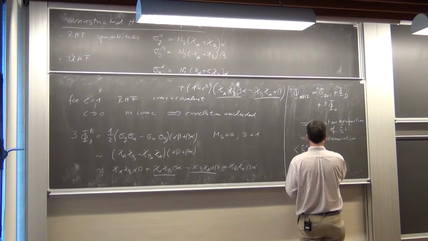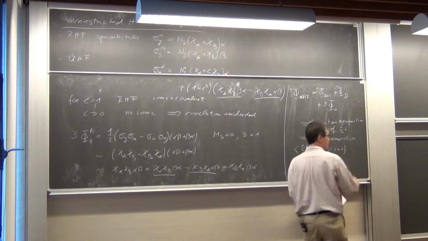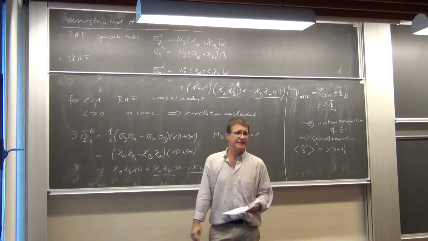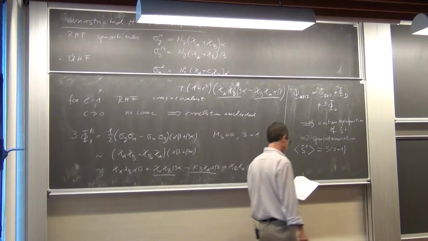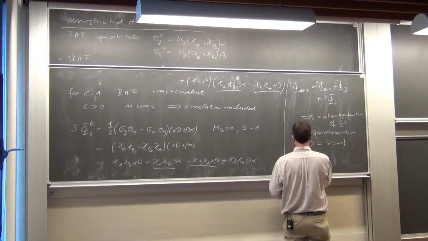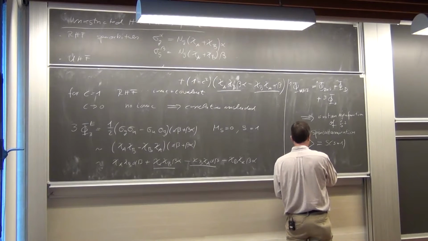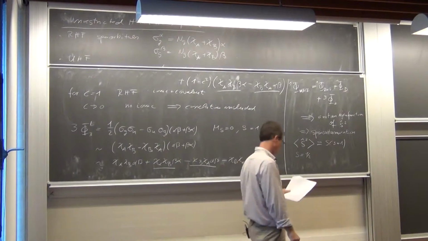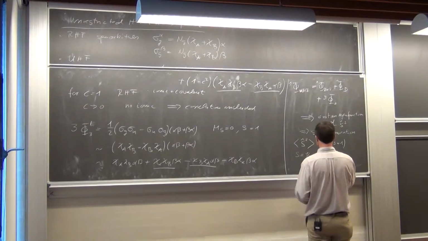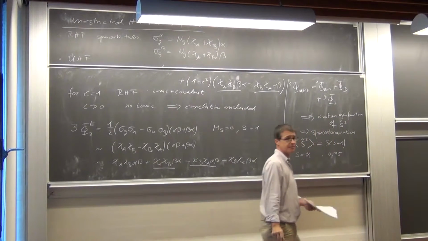And you know, that should be S times S plus 1. If it's that, then this is a pure spin function. So for S equals 1/2, a doublet, and one unpaired electron, that should be 0.75.